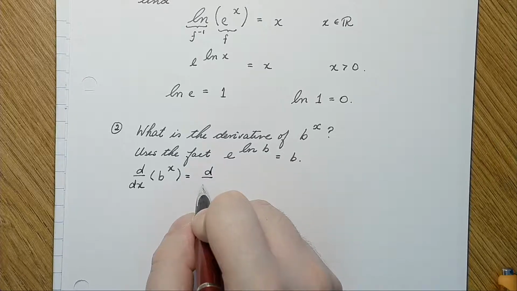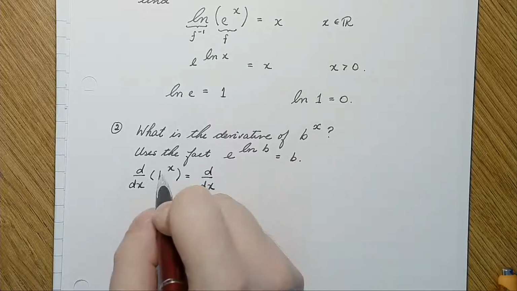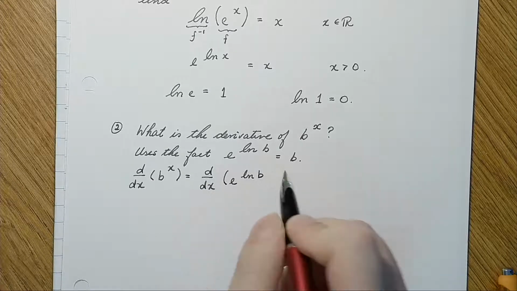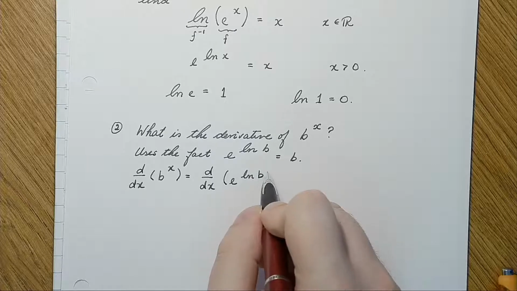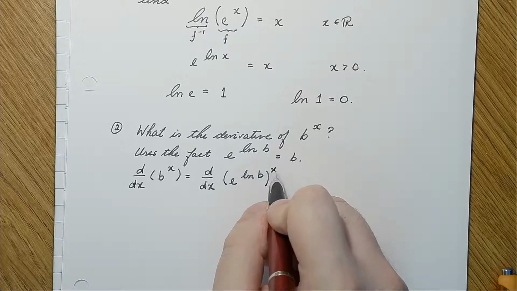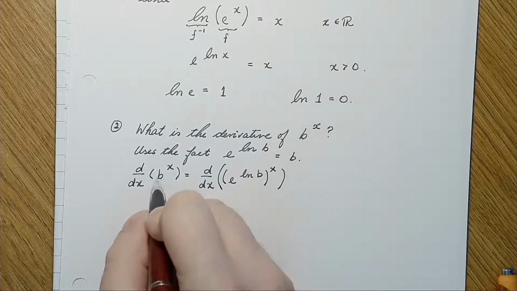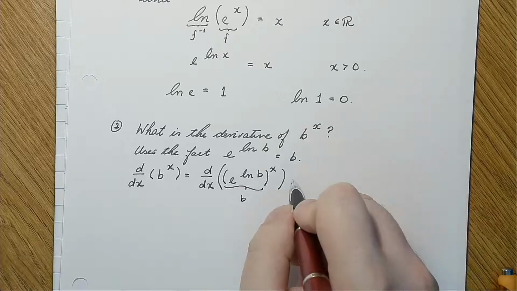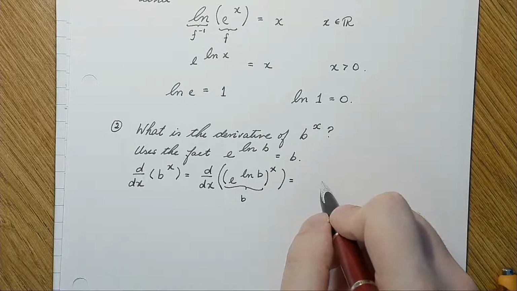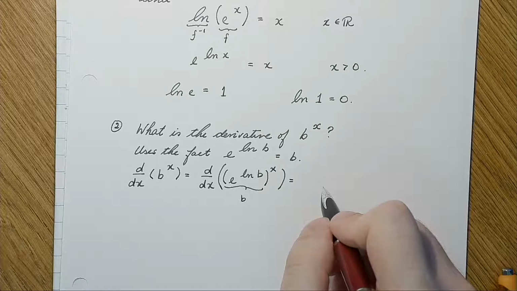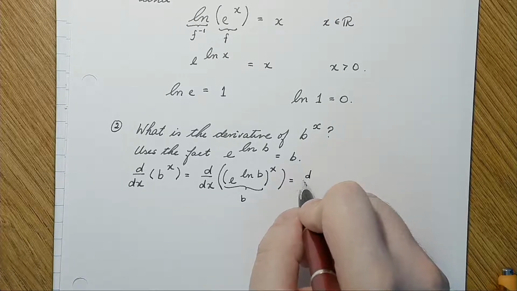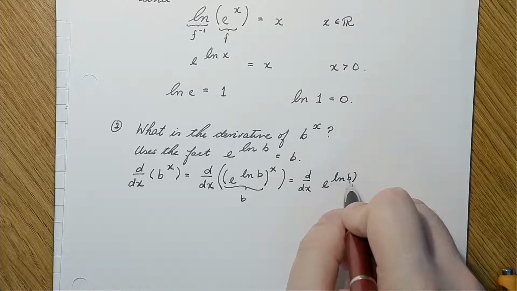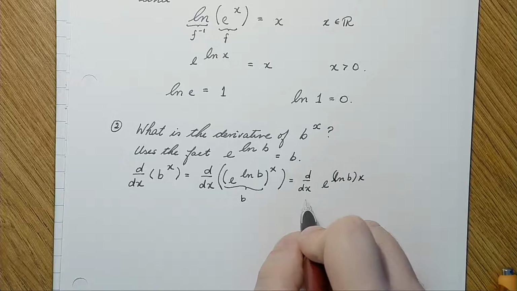So I'm going to rewrite b so that it's now e to the ln of b, and it's going to be to the x. So I've just replaced b with this. And that is still equivalent to writing e to the ln of b times x.